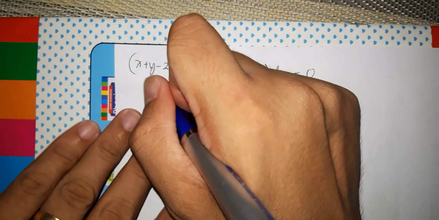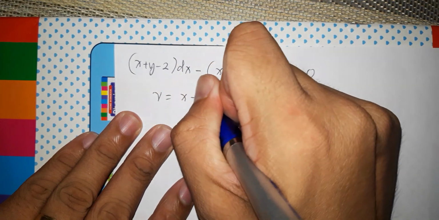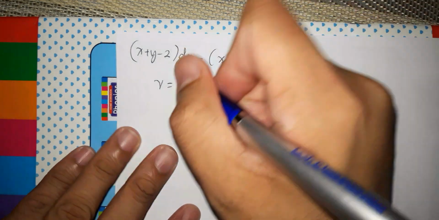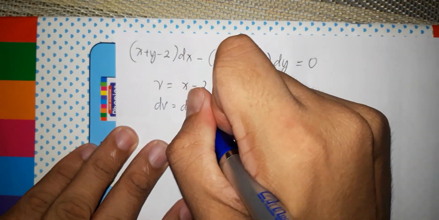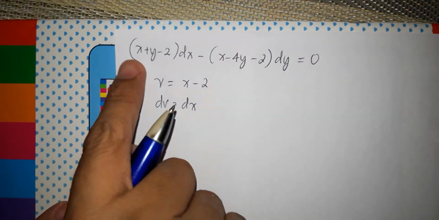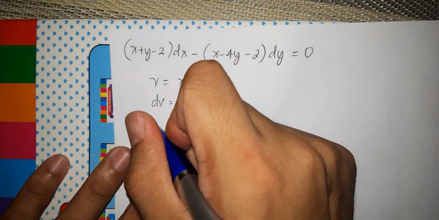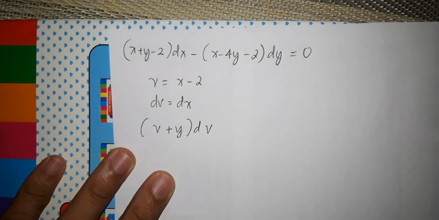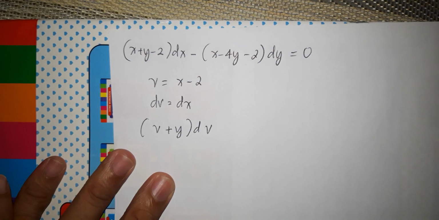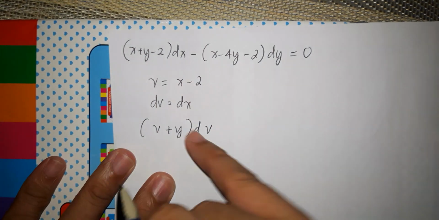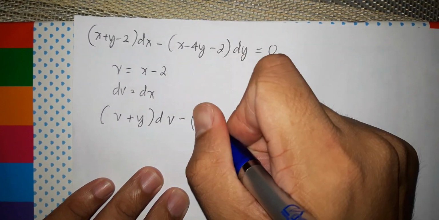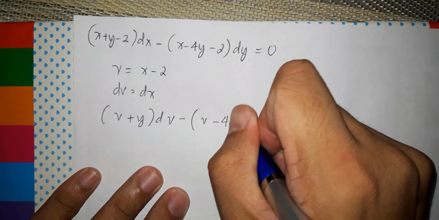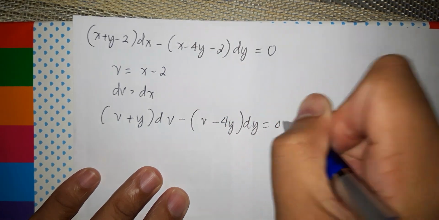Let's say, let v be equal to x minus 2. So, if I'm going to set v be equal to x minus 2, then dv is equal to dx. Then, x minus 2 is v. So, magiging the quantity v plus y dv, x minus 2 is v plus y dx is dv, minus the quantity x minus 2 is v minus 4y dy is equal to 0.